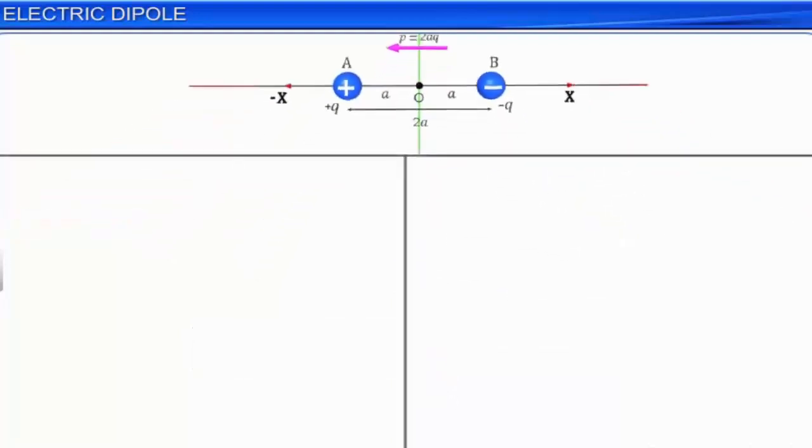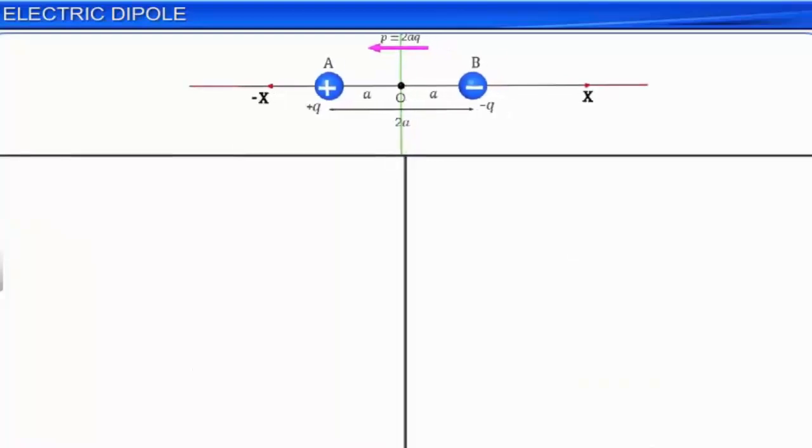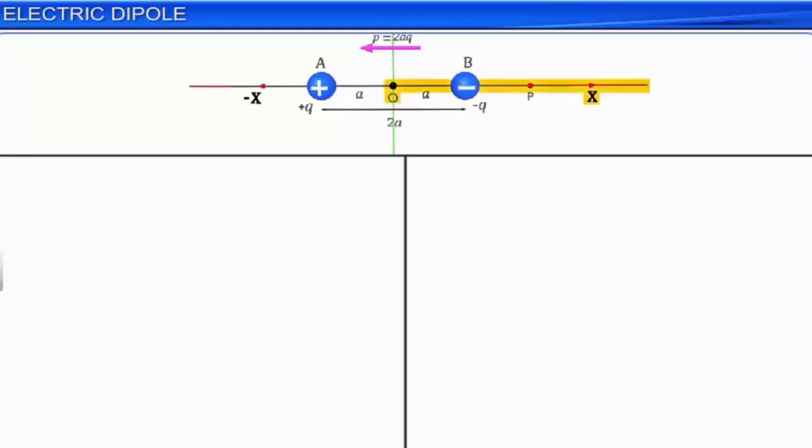Let us now obtain the electric field strength E at a point P on the axis of the electric dipole, which is at a distance x from the midpoint O of the dipole. The magnitude of electric field strength E due to a charge q at a distance r from it is given by E is equal to 1 by 4 pi epsilon naught into q by r square.